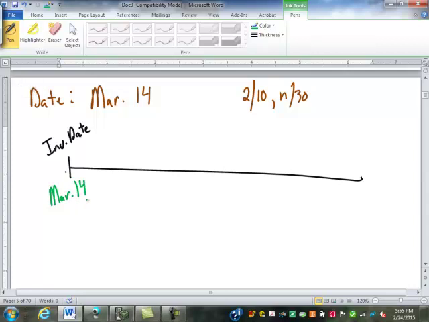From that date, how many days does the discount period extend? 10 days, which would put us at March 24th. Very good. 10 days from the 14th. During that time, you would receive a 2% discount if payment is made. Next, we have this net 30.